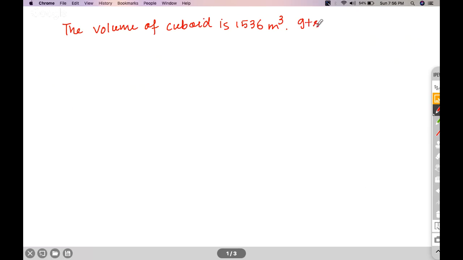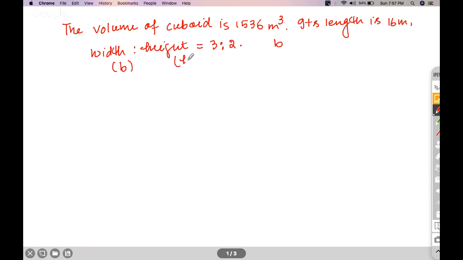Its length is 16 meter and the width to height ratio is 3:2. You have to find out B. Width I'm considering as B, height as H. So you have to find B and H. Just do it. A very easy question.